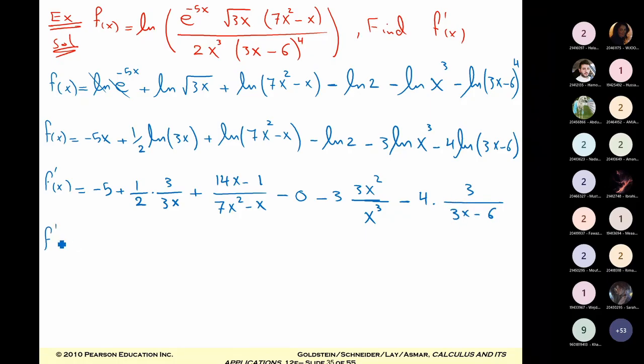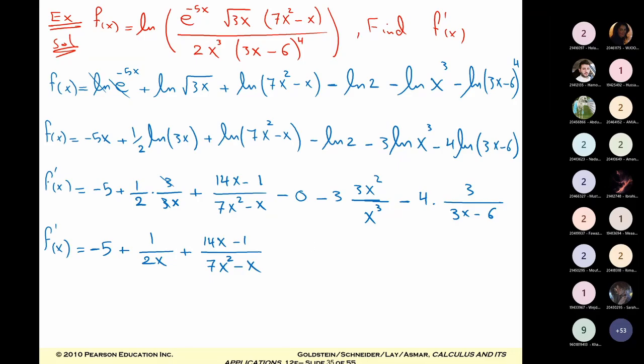Simplify: equal minus 5 plus 1 multiplied by 3 over, or we can remove the 3 with the 3, so we have 1 over 2x also, plus the derivative of 14x minus 1 over 7x squared minus x is 0.